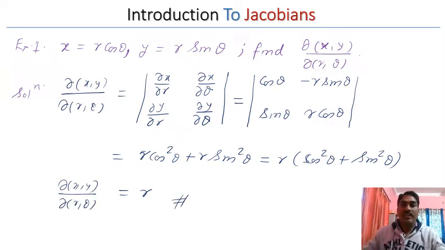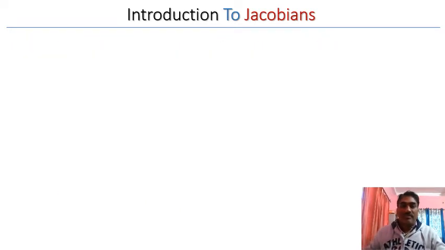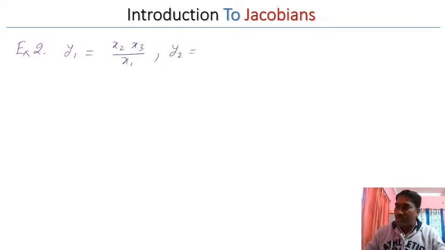Now we will take another example. Let y1 is equal to x2 x3 by x1, y2 is equal to x3 x1 by x2, and y3 is equal to x1 x2 by x3.